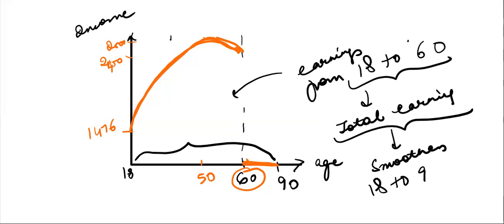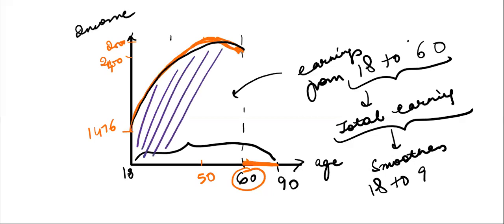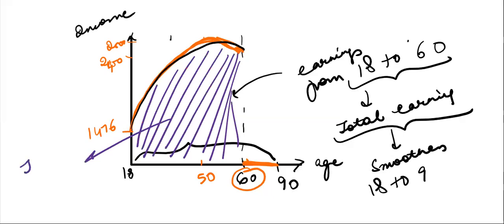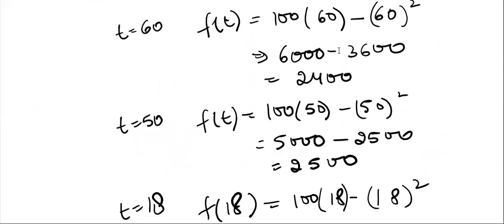Well, I know that this is my earning graph. If I integrate this function, then the area under this curve will give me my total earning. Simple. So all that I have to do is find the area under the graph. Let's try and find that out.